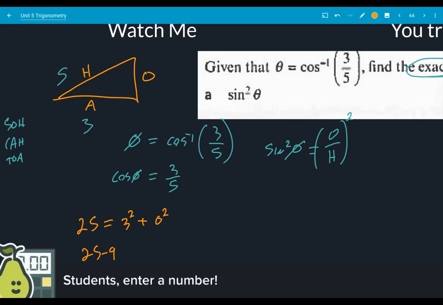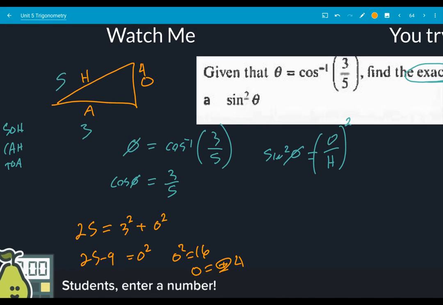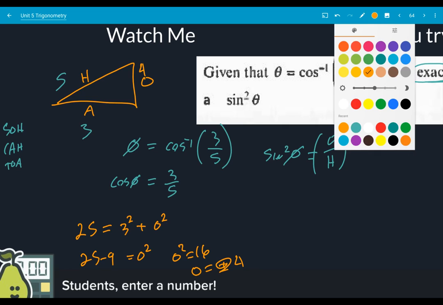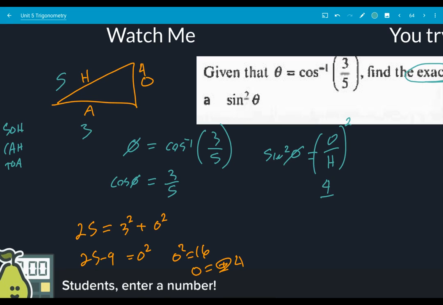So 25 minus 9 equals O squared, so O squared is equal to 16, and O is equal to plus or minus 4. Given that we're talking about positive things, O sticks with the positive 4. It is a 3, 4, 5 triangle. So that tells us that 4 over 5 squared is sine squared theta, so 16 over 25.